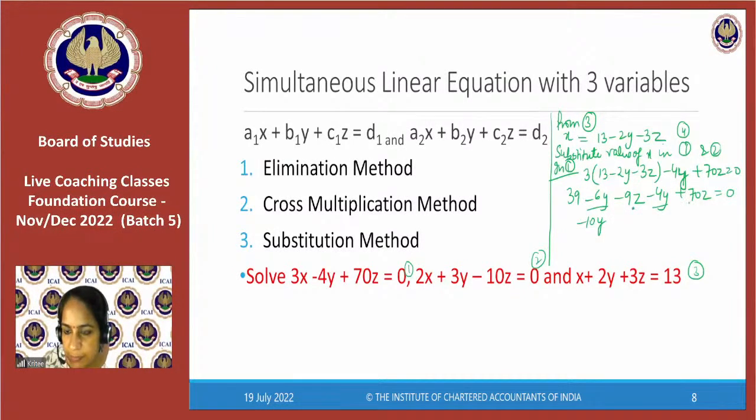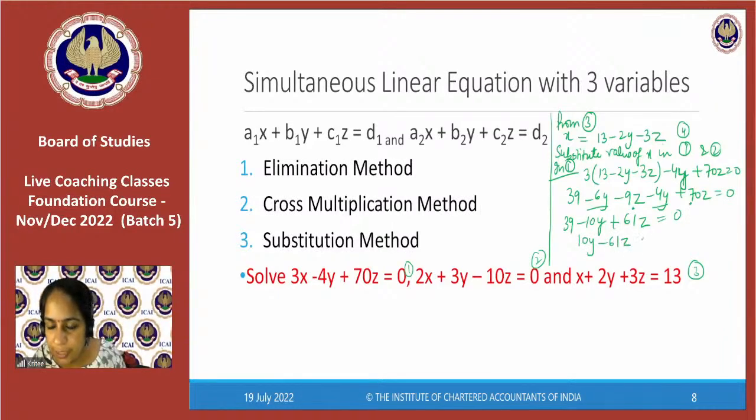Minus 9z plus 70z is plus 61z. And plus 39 equals 0. So 10y minus 61z is equal to 39. This is going to be my next equation.